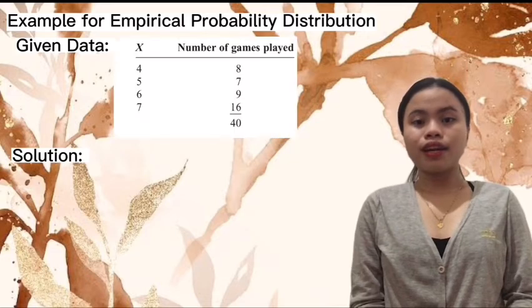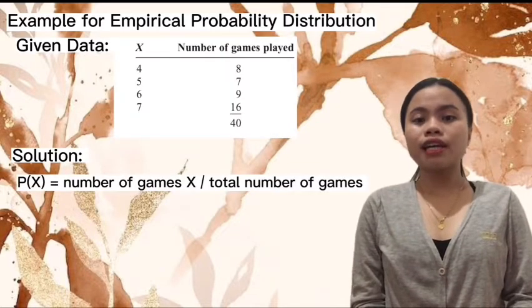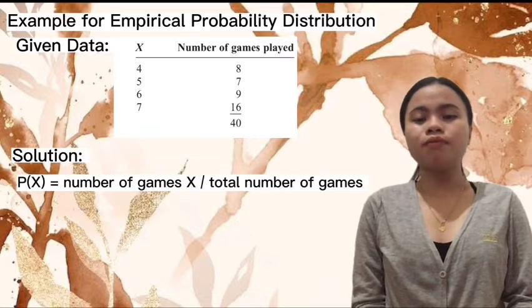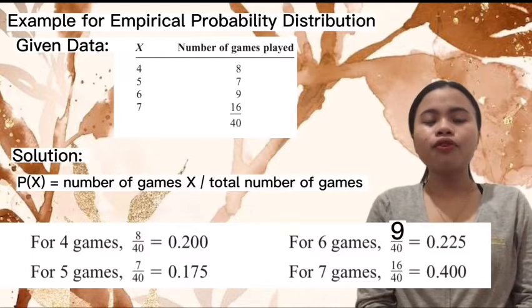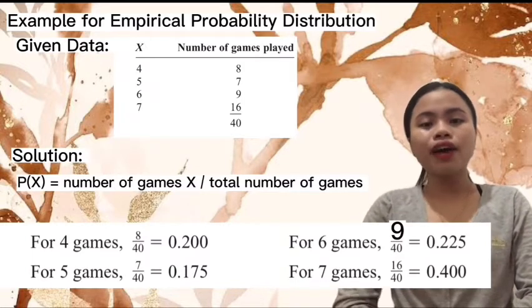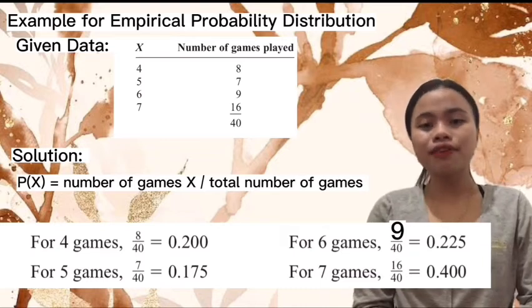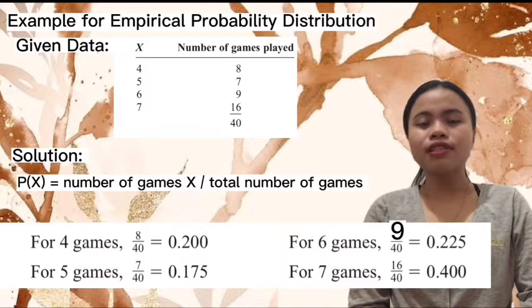The solution: the probability p of x can be computed for each x by dividing the number of games x by the total. For 4 games, it will be 8/40, which equals 1/5 or 0.2. For 5 games, it will be 7/40, which equals 0.175. For 6 games, it will be 9/40, which equals 0.225.